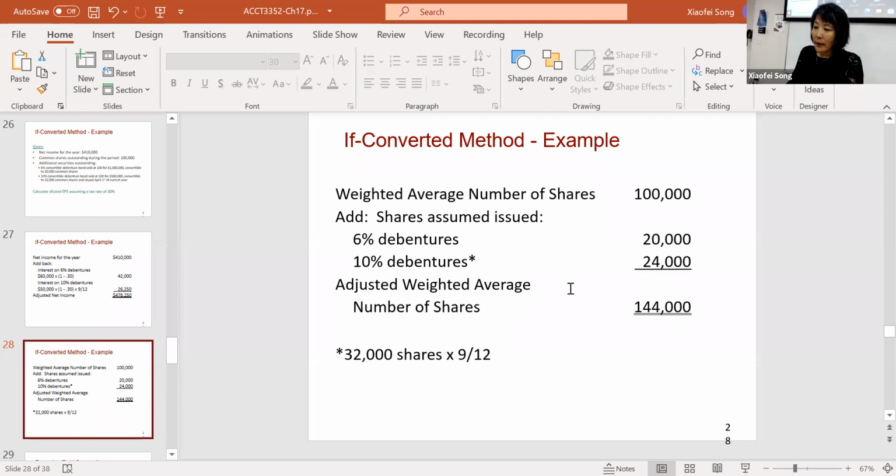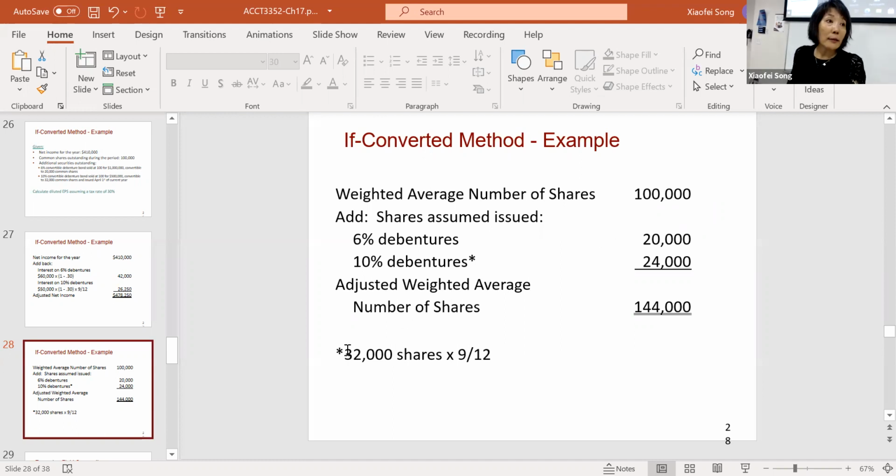Here it shows the denominator. The weighted average number of shares, the actual shares, is 100,000. That's given. The 6% convertible bonds can be converted into 20,000 shares, so I put it here. The 10% debenture can be converted to 32,000 shares.